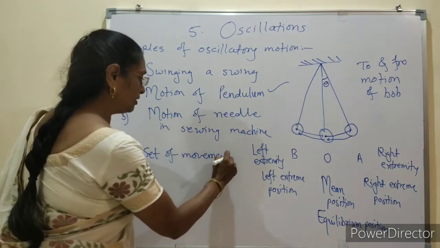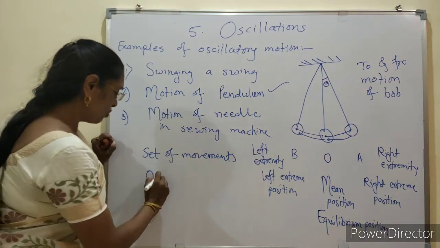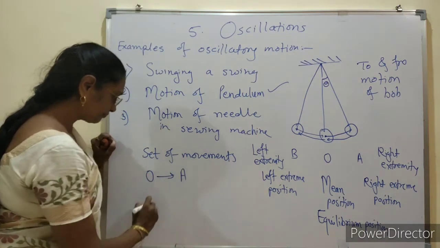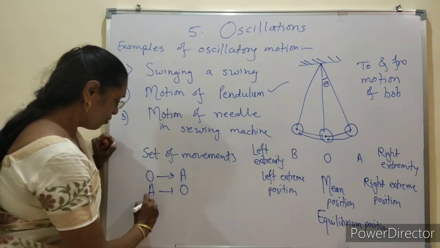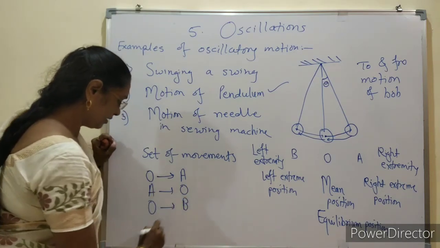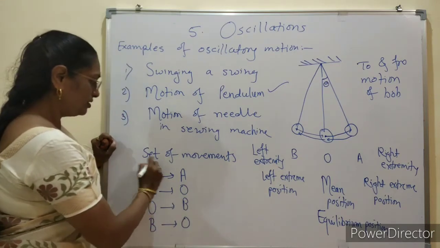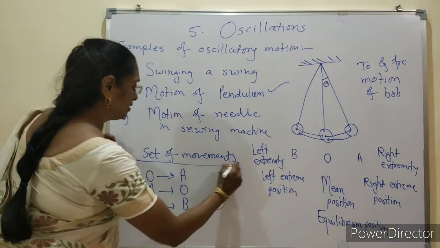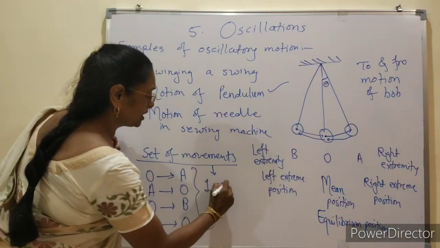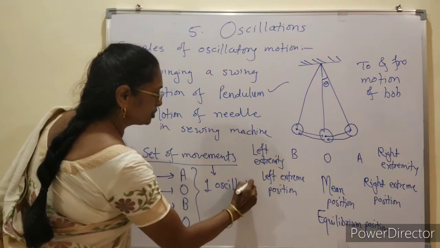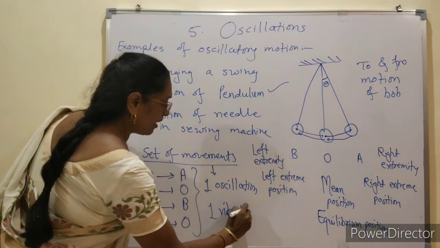We can write like this: the pendulum bob starts from O to A, then A to O, O to B, and from B to O. Then this set of movements is called one oscillation. It is called one vibration.